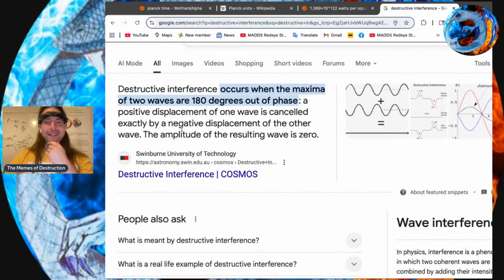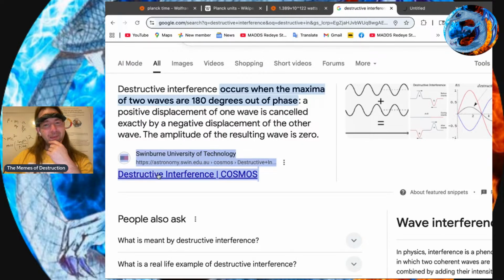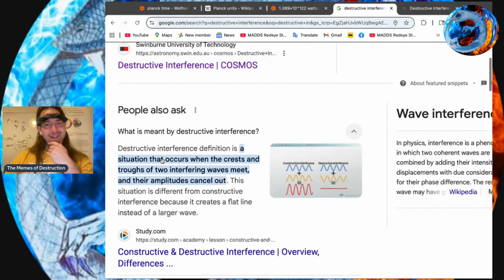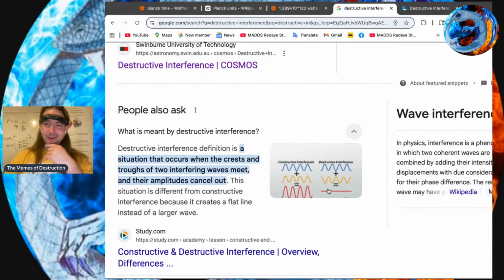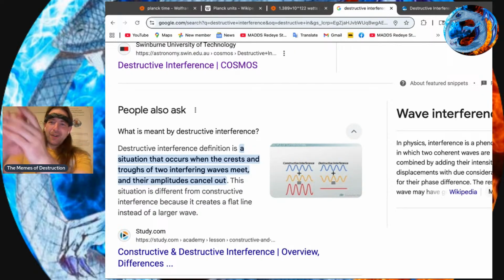A positive displacement of one wave is canceled exactly by the negative displacement of the other. Swinburne might be saying that interference occurs when the crest and trough of two waves meet. So they net out. If you're adding them together, two in-phase waves would amplify, but with one going the other way, the anti, they would cancel out.